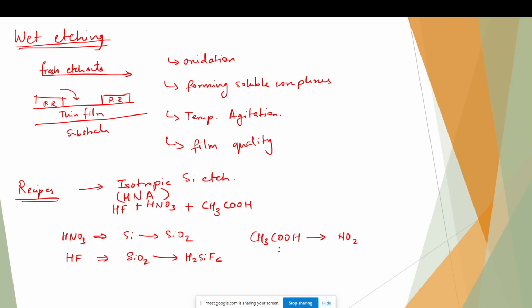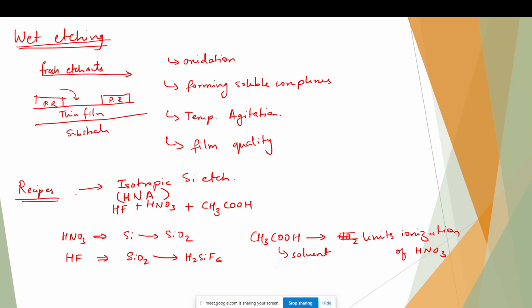In addition to being a solvent, it helps the reaction by limiting the ionization of HNO3. So that is the first recipe.